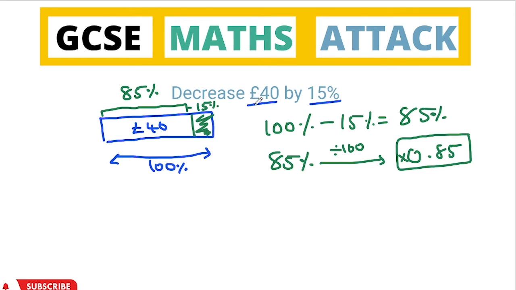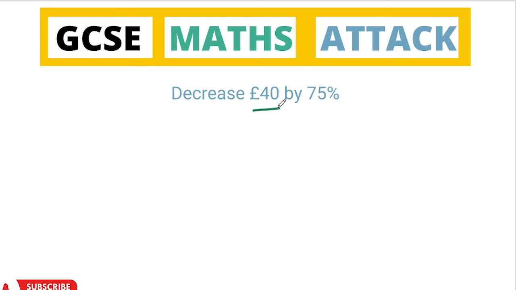Now I get my original amount, which is 40, and times it by 0.85. If I put that in my calculator, I should get 34. It makes sense because it's been decreased. Decrease 40 by 75%. Have a go at this question.